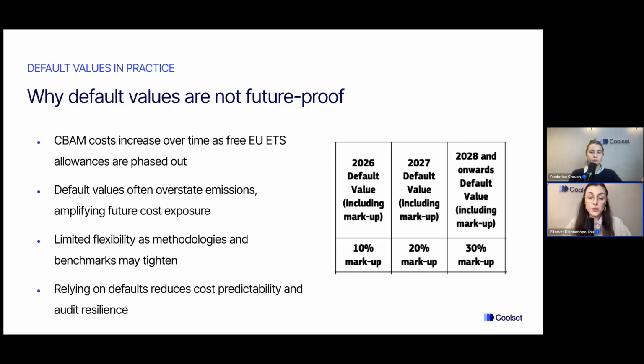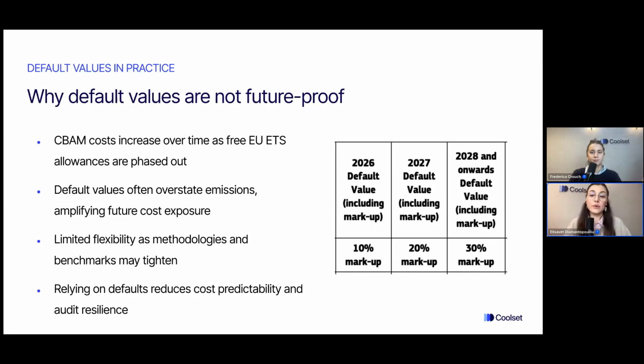have the markups that we talked about, which will keep increasing, and we can see on the right side of the slide, this is just a screenshot from the default values, that in 2026 we're going to have a 10% markup, but as we move forward in time, this markup will keep increasing.